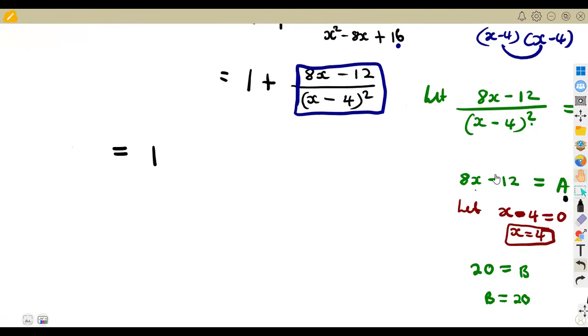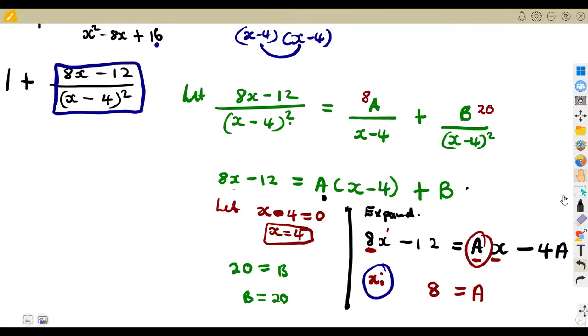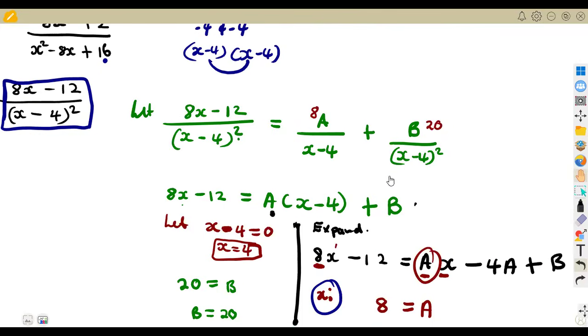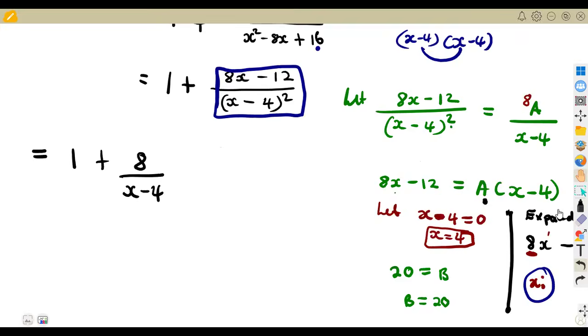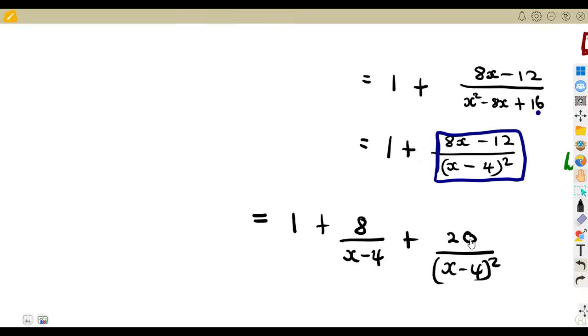We got 2 terms: a, which is 8 over x minus 4, so this is plus 8 over x minus 4, and here we've got 20 over x minus 4 squared, so this is going to be plus 20 over x minus 4 squared. So this is the whole part that we are obtaining from this function as we have expressed it in partial fractions. What it means is that we are now supposed to integrate this.